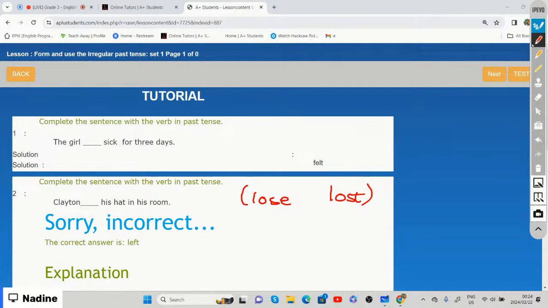We need to choose between lose being the base form or lost being the past tense form.